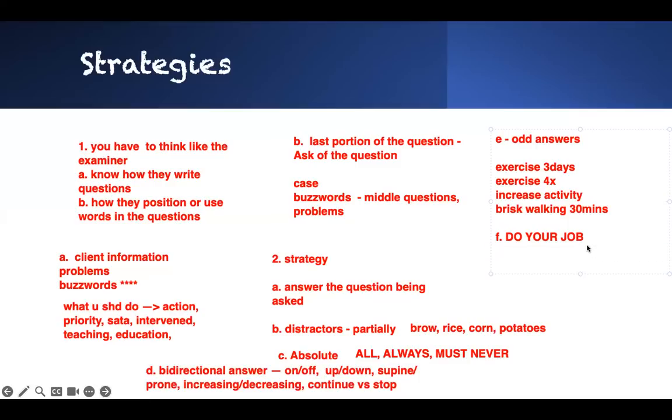G. This is always the tricky one. There are 2 situations in life: emergency and urgency. Emergency means you have no time. There's no need for you to be looking for more information.